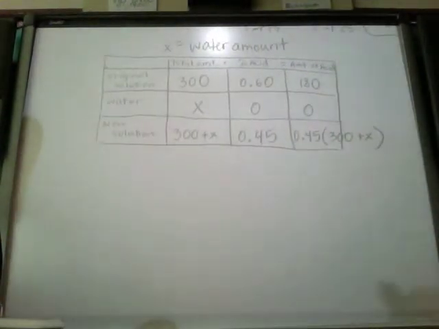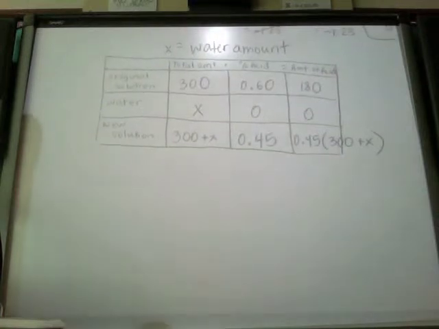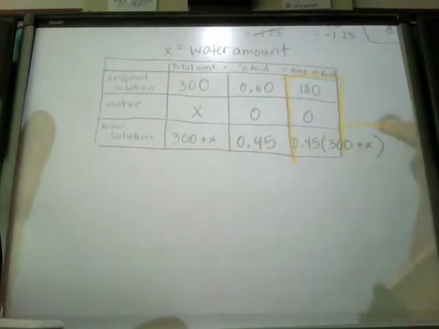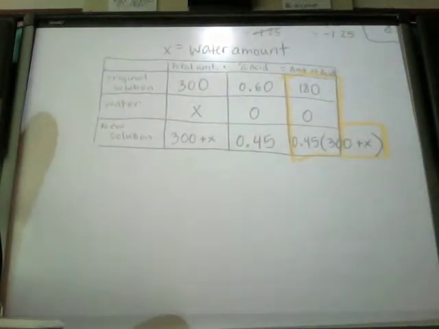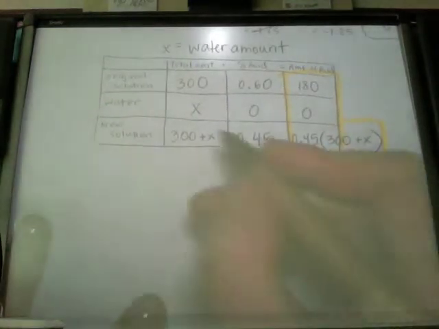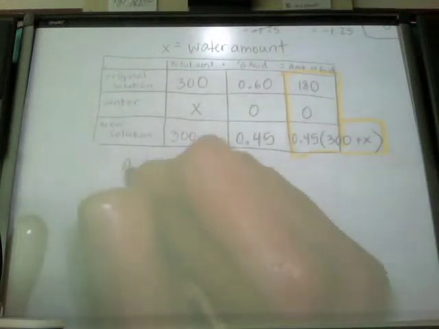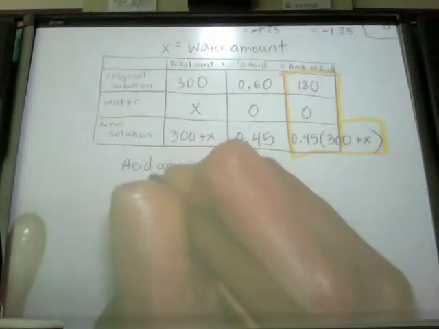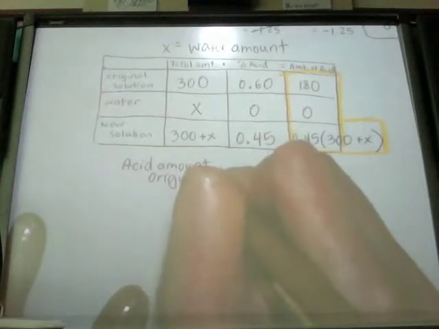Now again, for this one, what are we going to do with this? And remember that this final column is often what we're going to use. Now, not completely, right? I mean, look at each problem to make sure that it fits that situation, but here's what we're looking at. We're looking at the acid amount in the original. I'm trying to not write too many words here to save you some time.